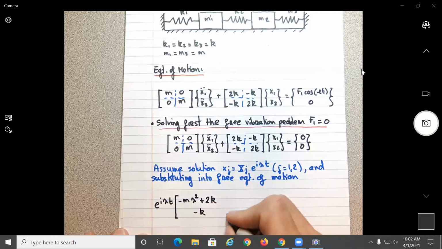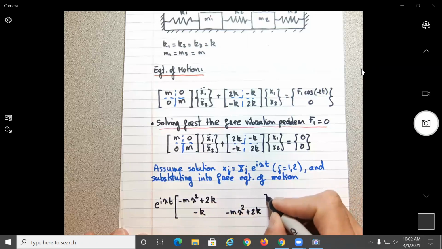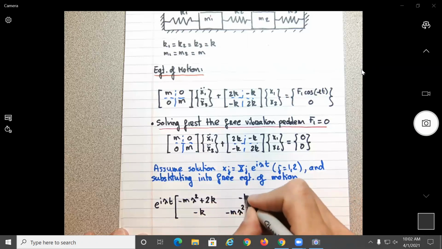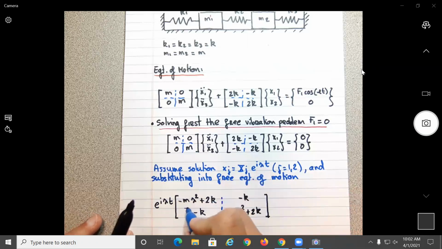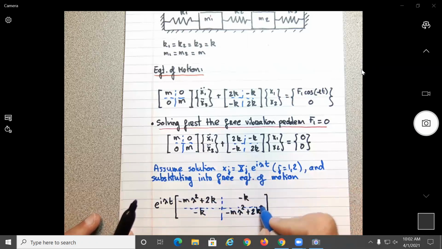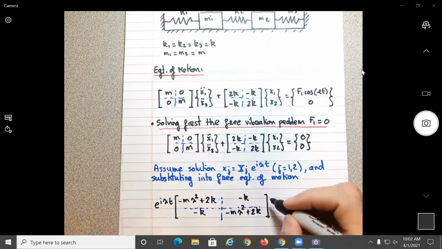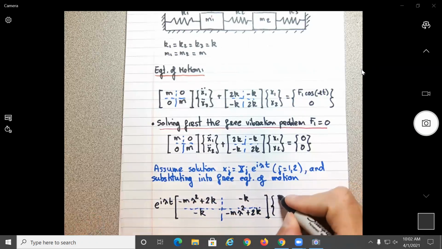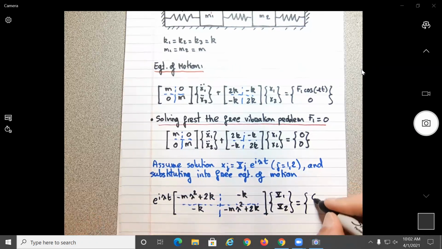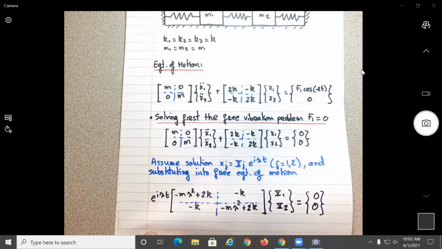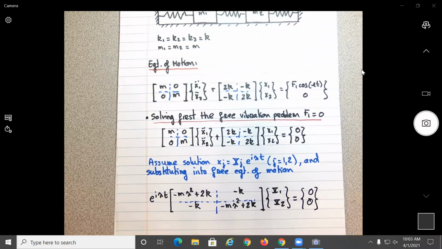And then this one would be minus m lambda squared plus 2k, times x1, x2, equal to 0.